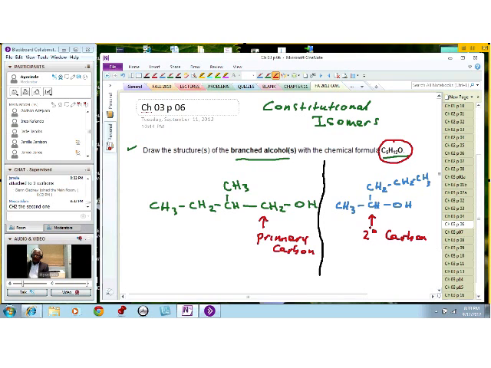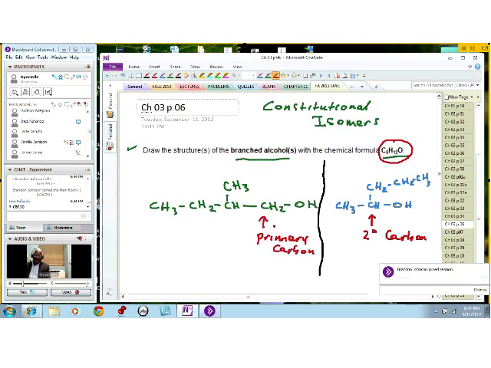Okay? Now, supposing I ask you to use the same formula to write for me a tertiary alcohol, what would that look like? So maybe the question I need to ask you is, what is a tertiary carbon? I'm sorry, tertiary carbon.